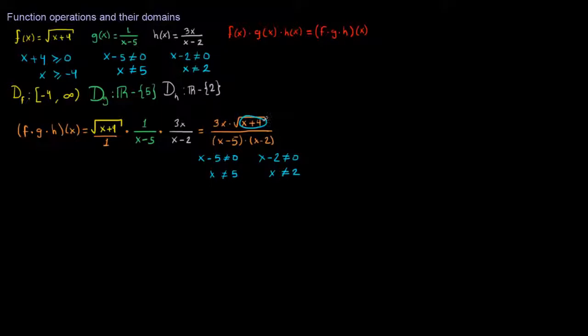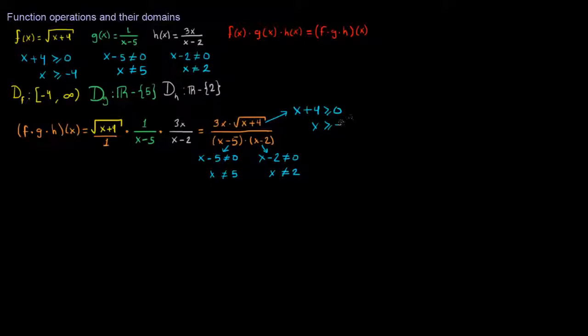This restriction is already considered in the previous f of x, but I'm going to do it anyway to show you everything. The x plus 4 has to be greater or equal than 0, so x has to be greater or equal than -4.